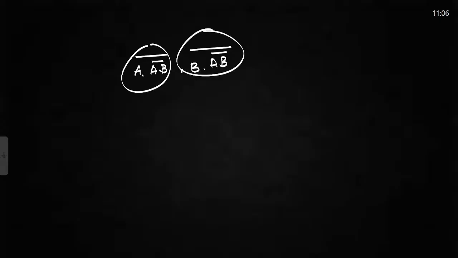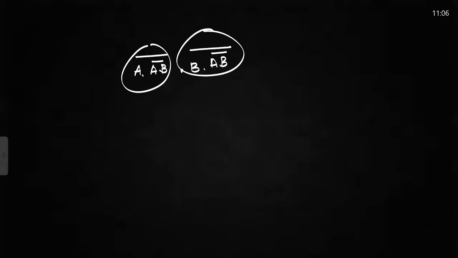I'm having A and B whole bar, NAND B and A and B whole bar. Right. So these are my two inputs. So how can I calculate this one?